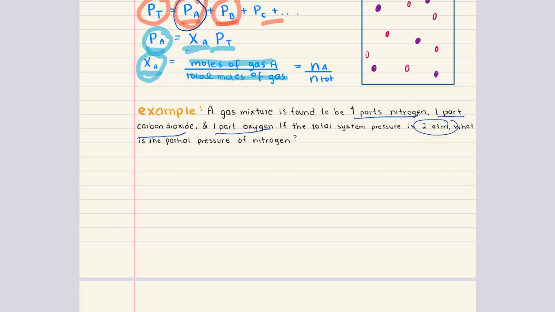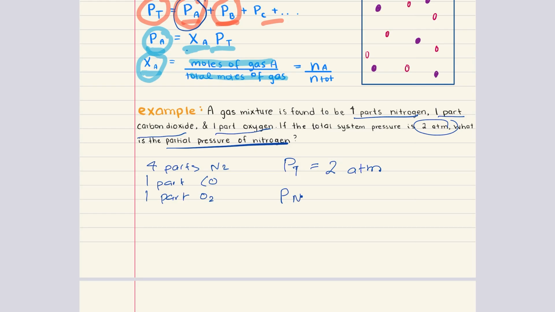We are given a gas mixture containing 4 parts nitrogen, 1 part carbon dioxide, and 1 part oxygen gas. In addition, we're told that the total system pressure, PT, is equal to 2 atmospheres. Our ultimate goal? To figure out the partial pressure of nitrogen gas.